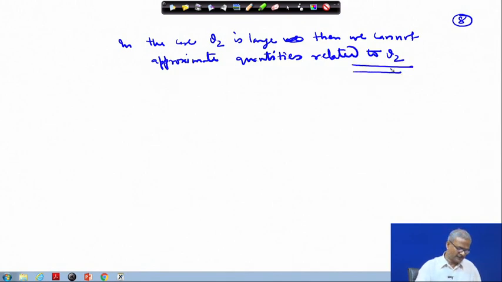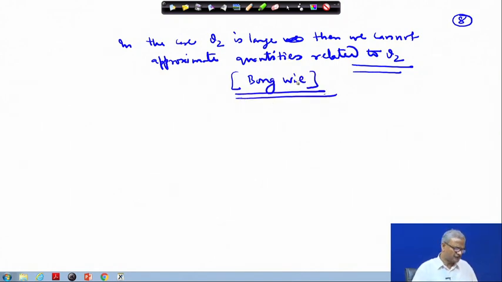For that you have to write the equation separately, and for this part you can refer to Bongui. These are mechanical exercises which I should not do here. This can be done once you have learned the basics, so you can do it any time. These all require a little bit of mathematics to work out.